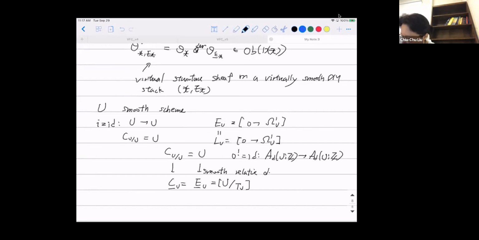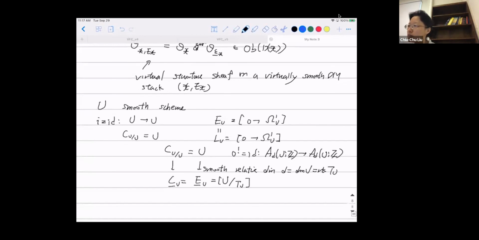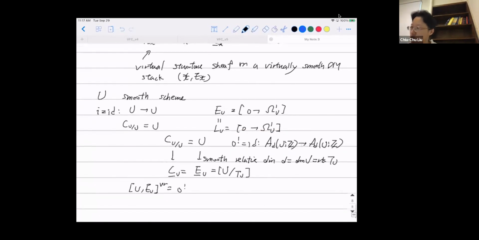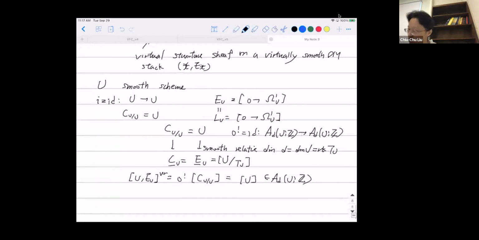This is smooth of relative dimension d. This d is just the dimension of your U, and it's the rank of T_U. So just apply this, but in this case this Gysin map is just the identity. So we do get the fundamental class of U for a smooth scheme.